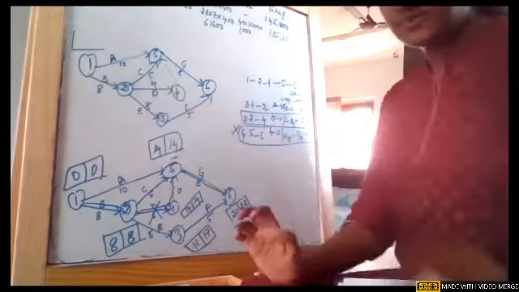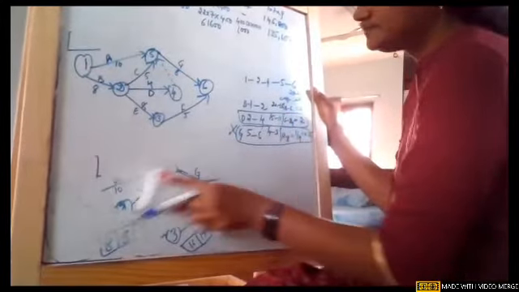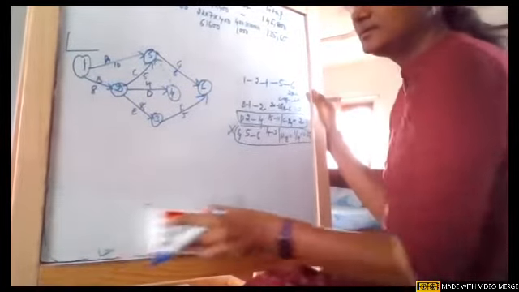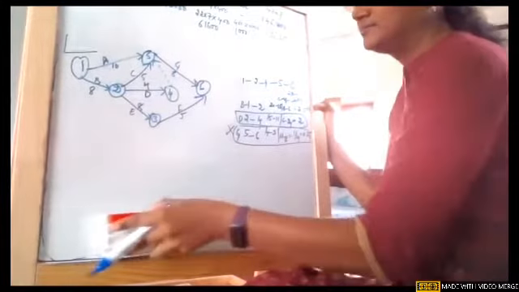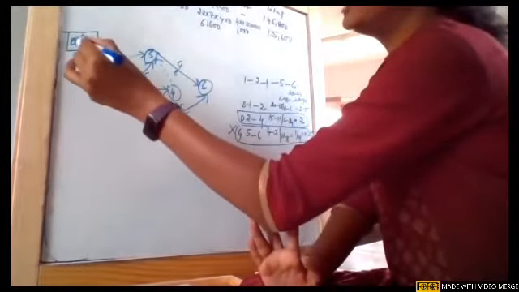So again I'm just erasing this network in order to avoid confusion. So see the earliest and the latest times again at each and every node.